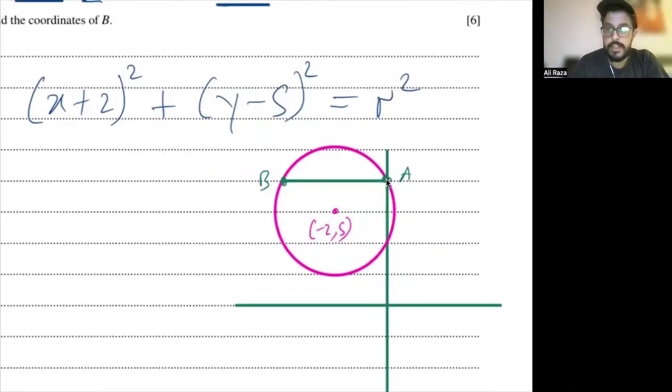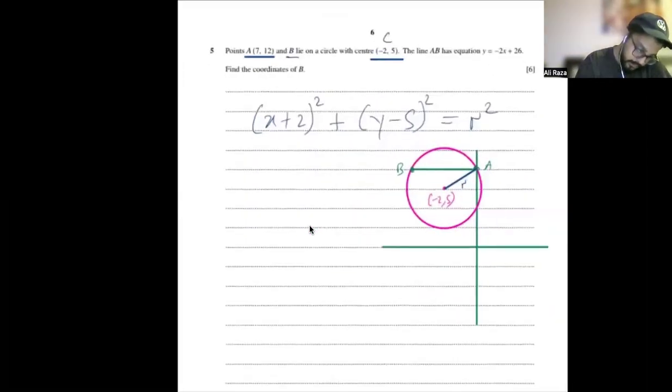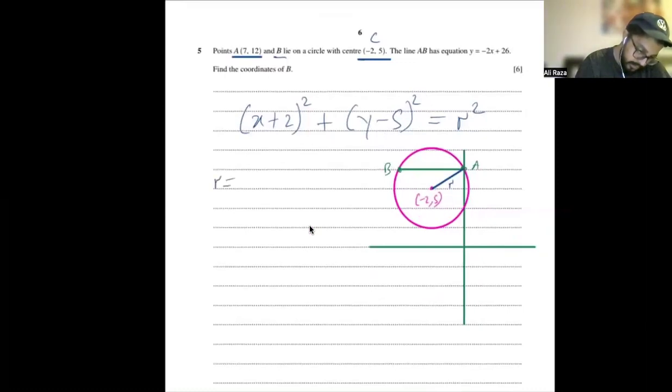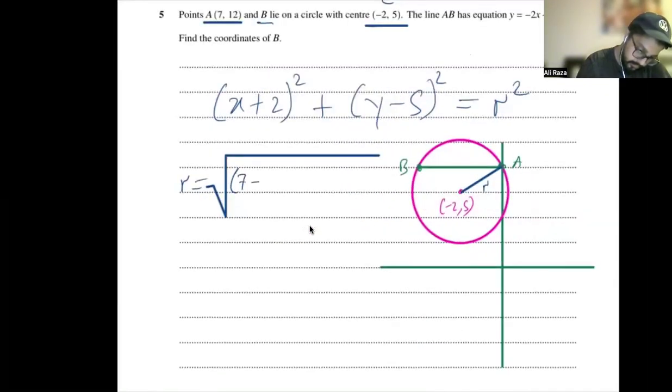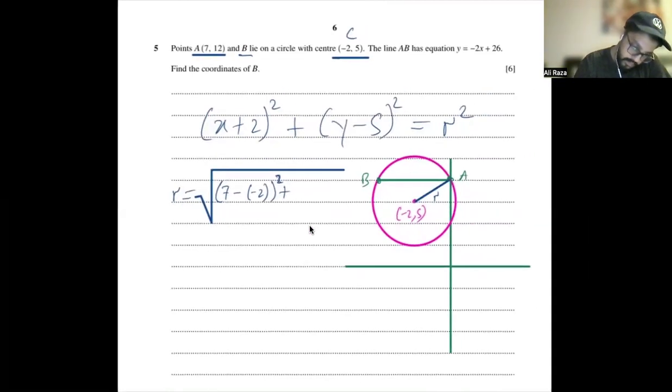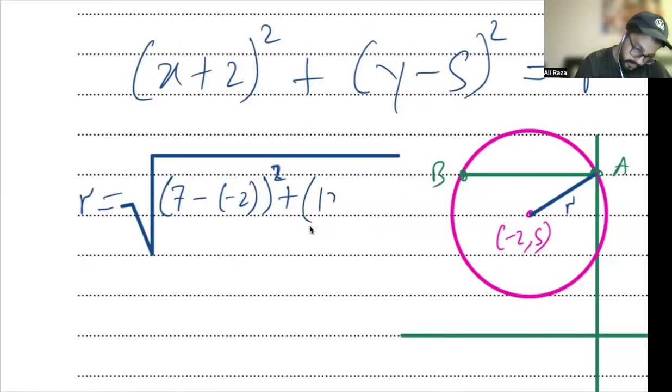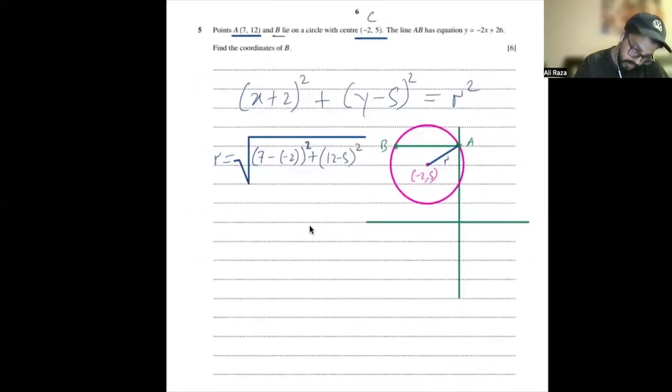Now, since the coordinate A is on the circumference of the circle, the length of A from the center would give me the radius. So to find radius over here, I can find the length between these 2 coordinates. Plus 12 minus 5 whole square.